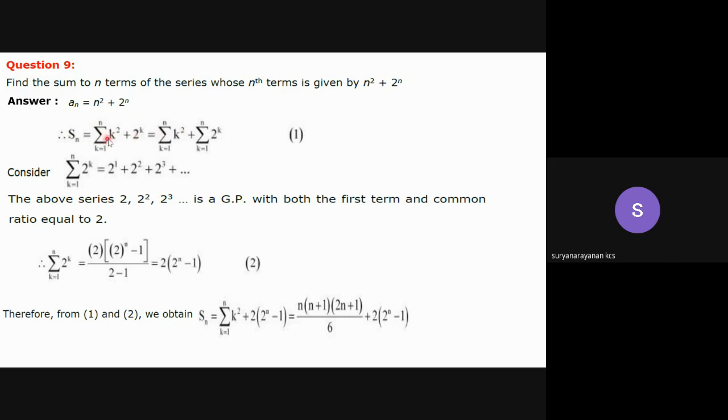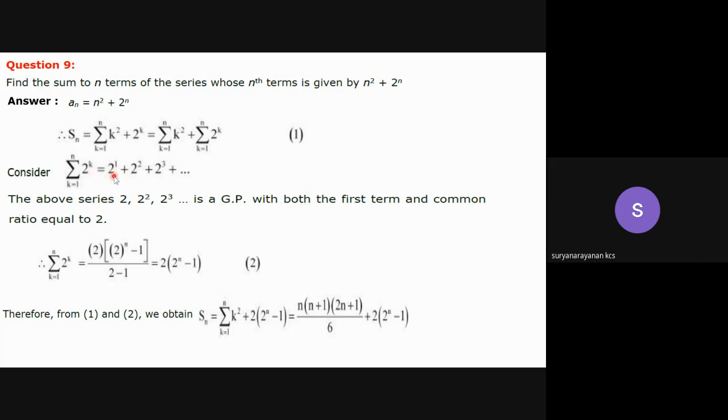Now we split these two terms and we write the sigma notation 2 times. Sigma k is equal to 1 to n k square plus sigma k is equal to 1 to n 2 power k. Let us consider this is equation 1. Now consider this second part, second term, that is sigma k is equal to 1 to n 2 power k, that is equal to 2 power 1. We are substituting k values 1, 2, 3, 4 and so on.